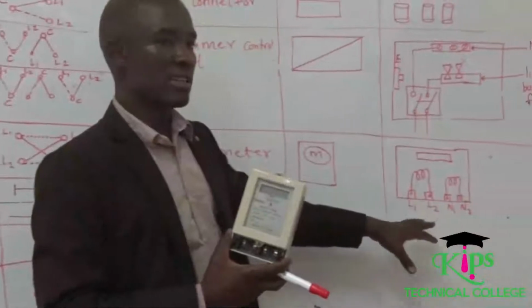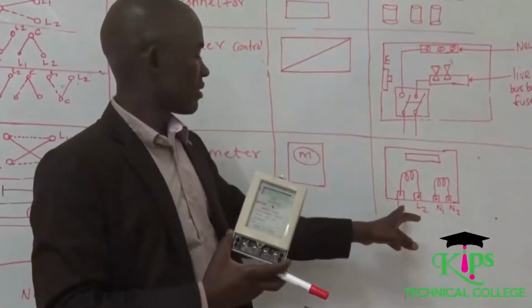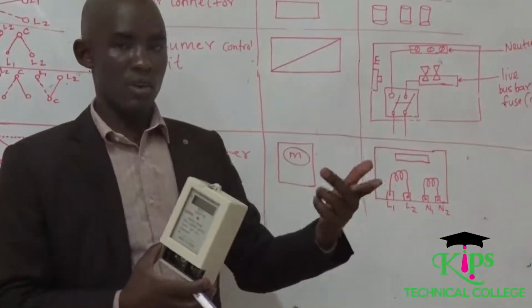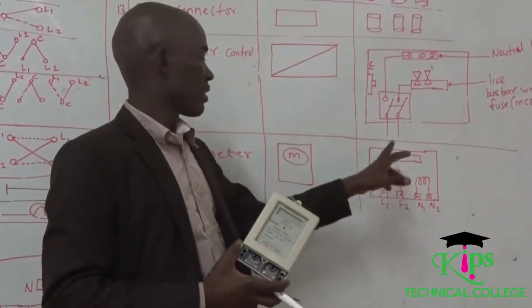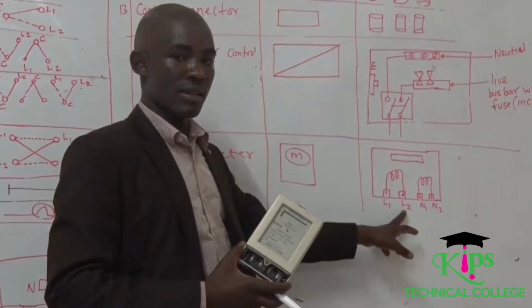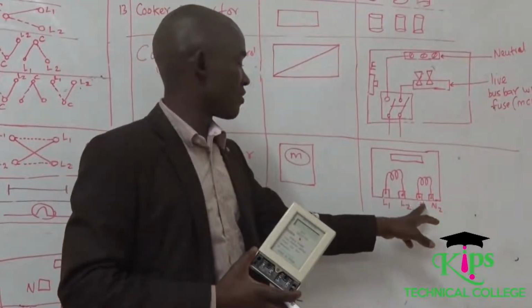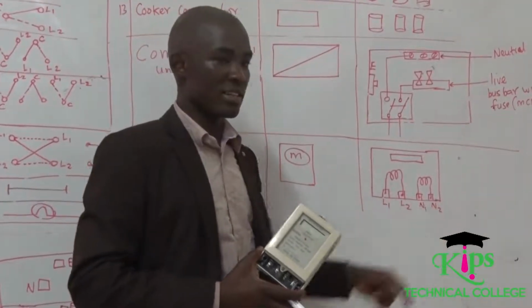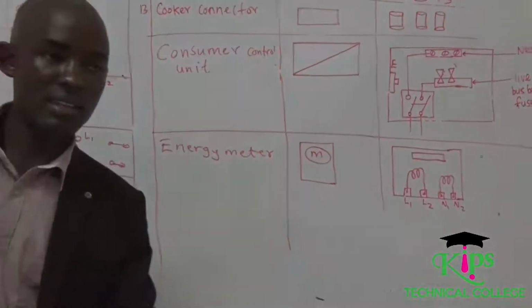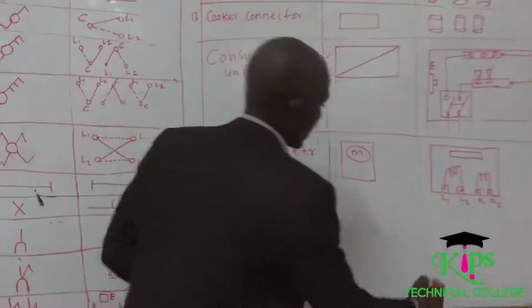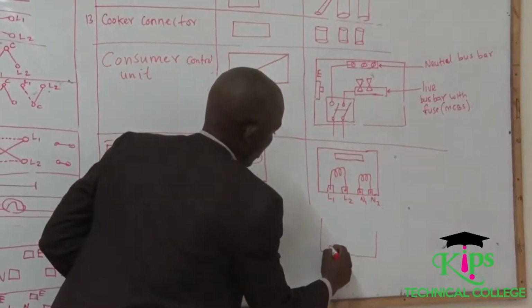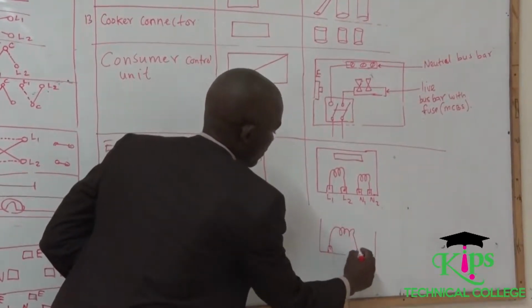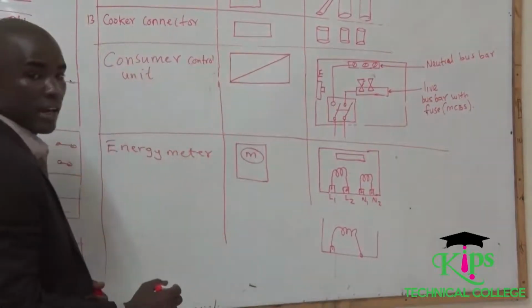You might find this case whereby, remember, a meter is just a coil. You might find your live comes in through this point, leaves through the other point. The neutral comes in from this point and leaves through the other side. You might find another type of meter whereby the points have been interchanged, whereby you can find your live on the other side, like that.